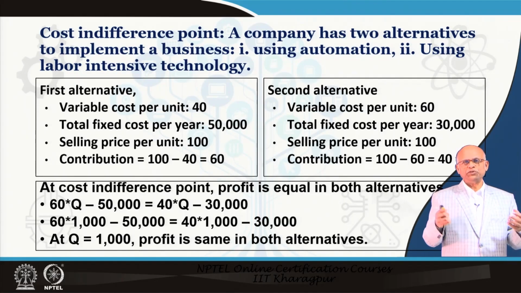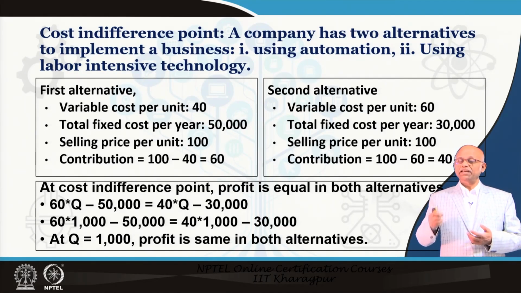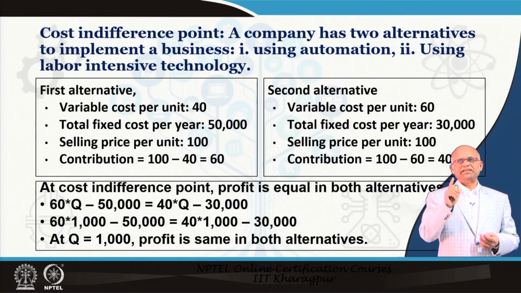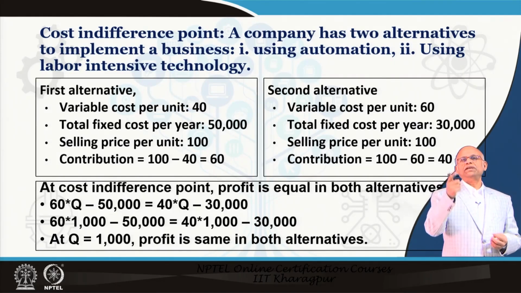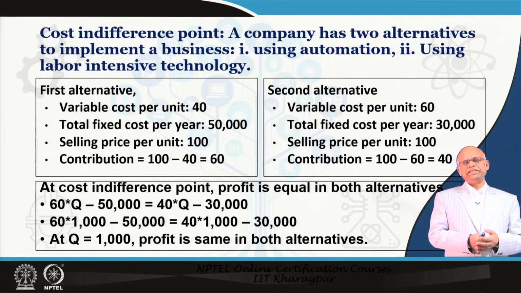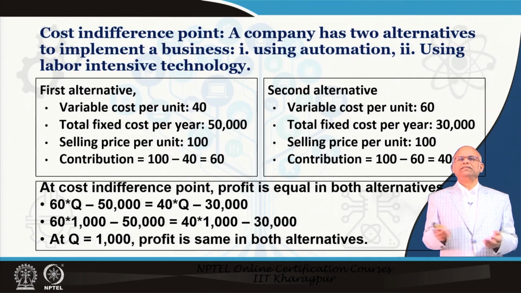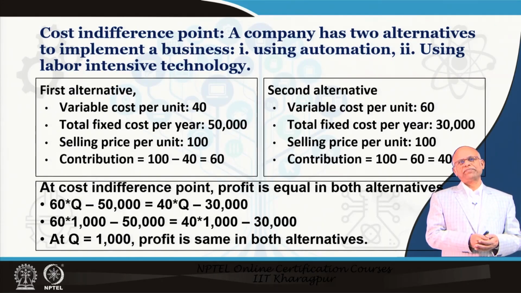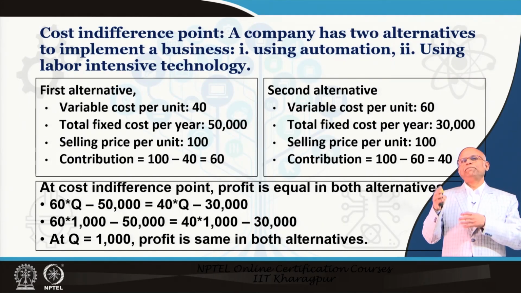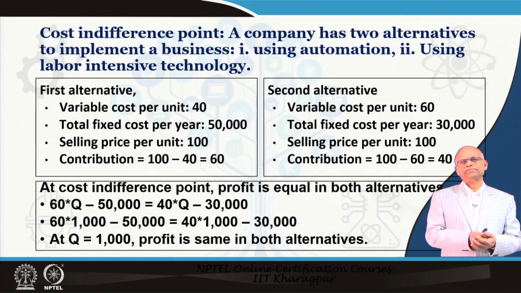So, let us assume that we have to manufacture and sell Q products to attain that point. Therefore, total sales is nothing but selling price multiplied by Q in both cases.